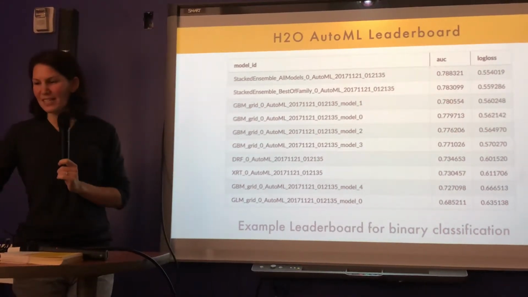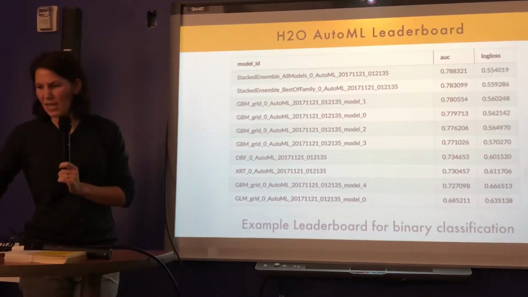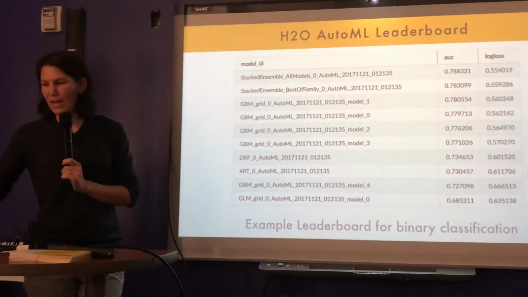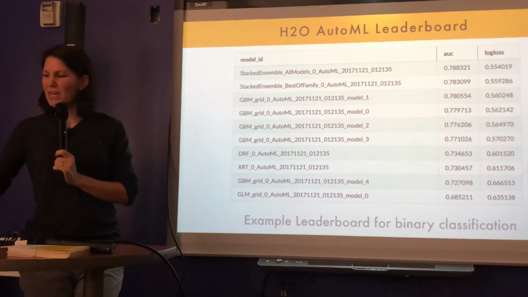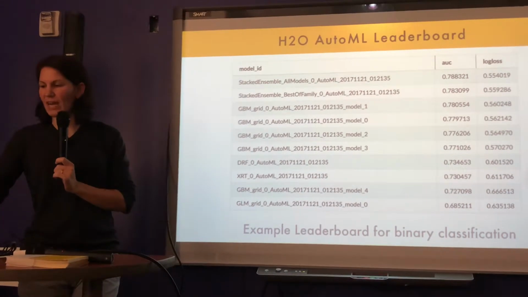And so this stacked ensemble at the top got a 0.788 AUC, and then the next one below had a 0.783, and then the top GBM had a 0.780.